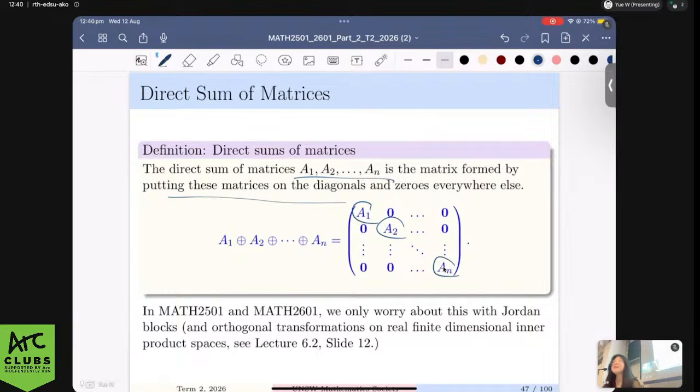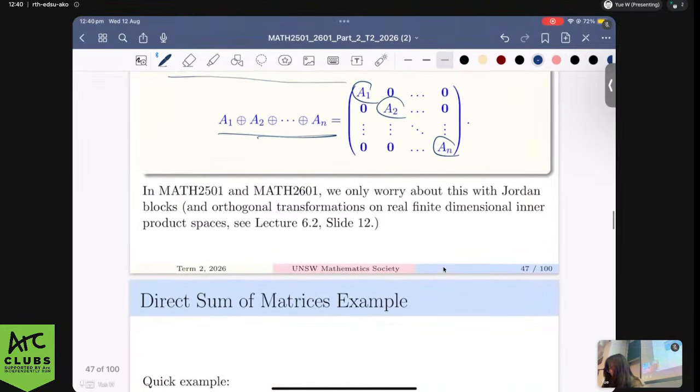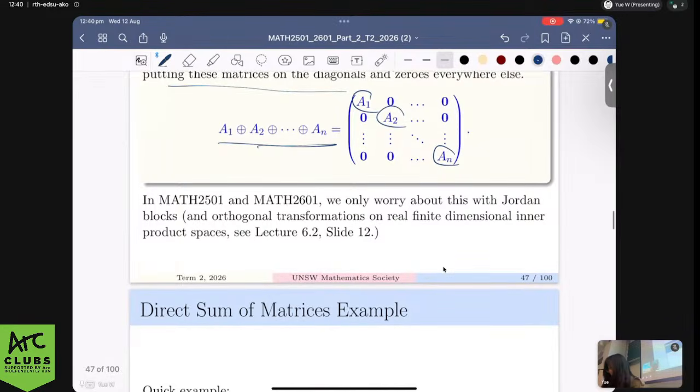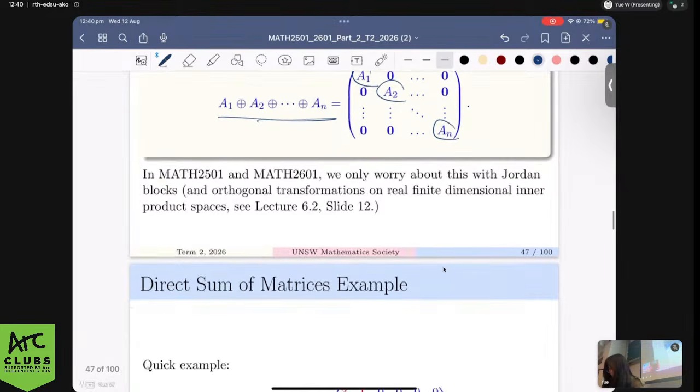And when you see a matrix with diagonal entries like this, we say that this is the direct sum of the corresponding matrices. An important note, in this course we only worry about this with Jordan forms and orthogonal transformations on real finite dimensional linear product spaces. You can check the lecture slides if you want.